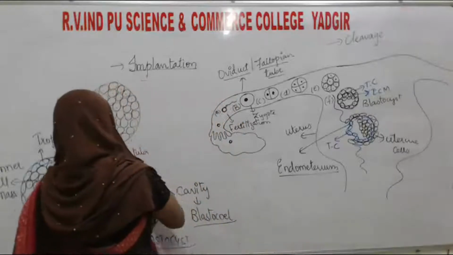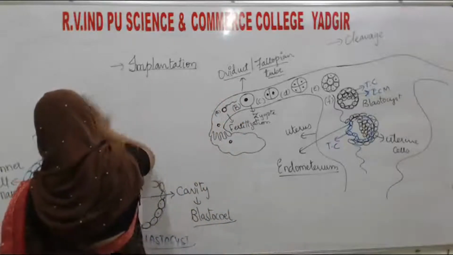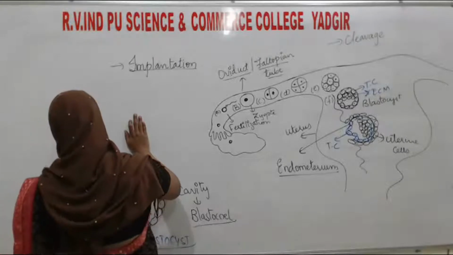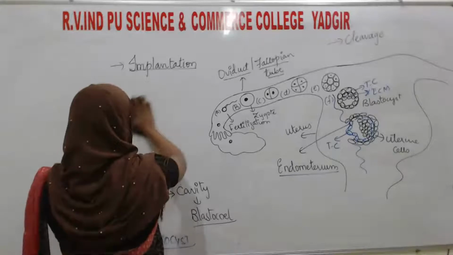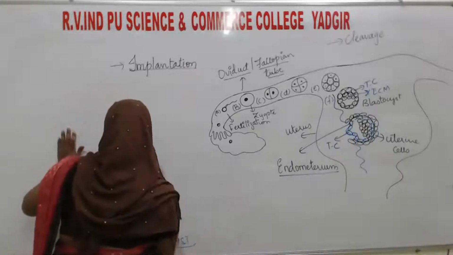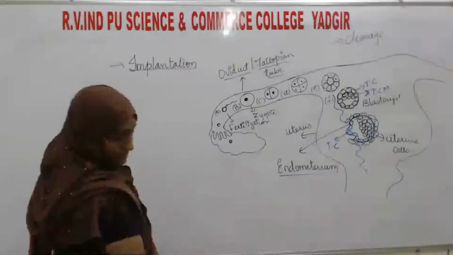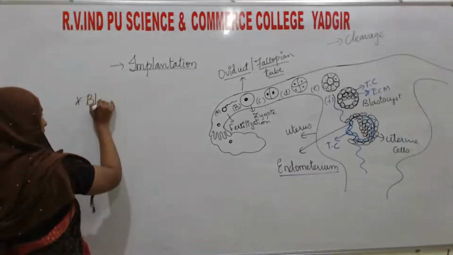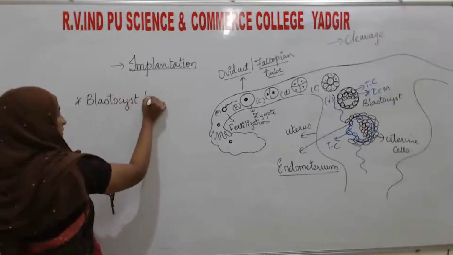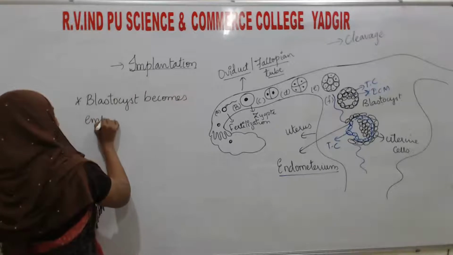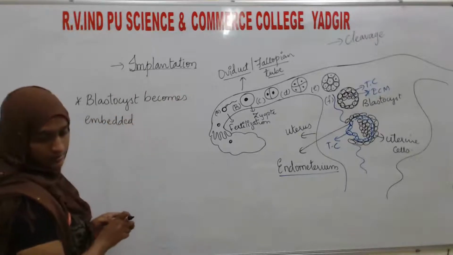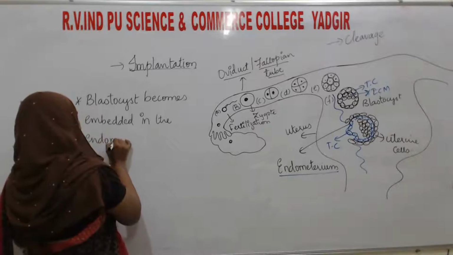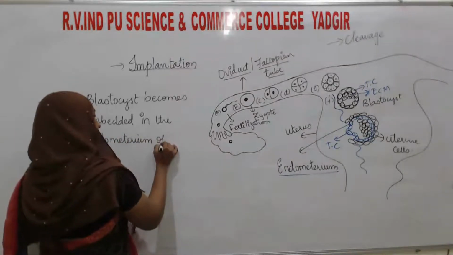See here. Blastocyst becomes embedded in the endometrium of the uterus.